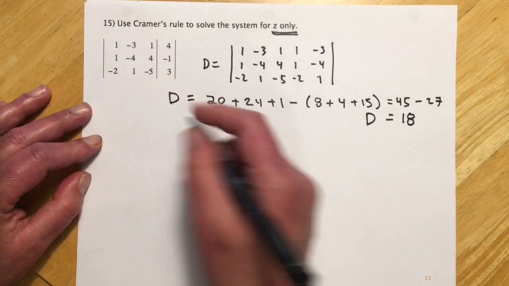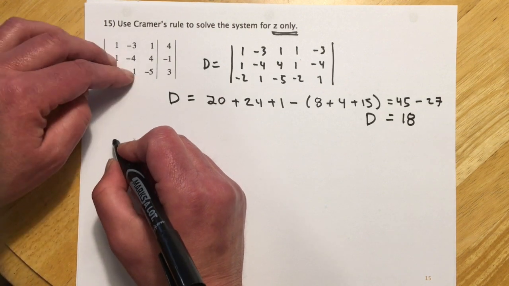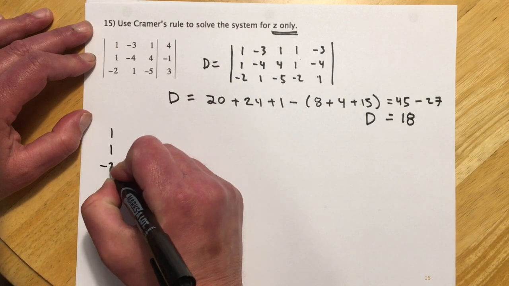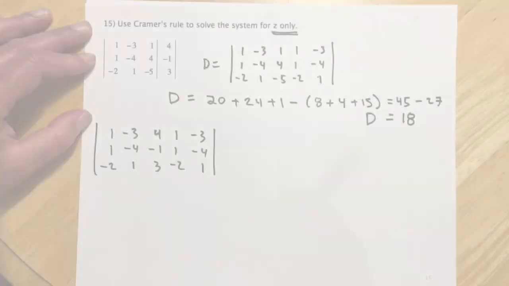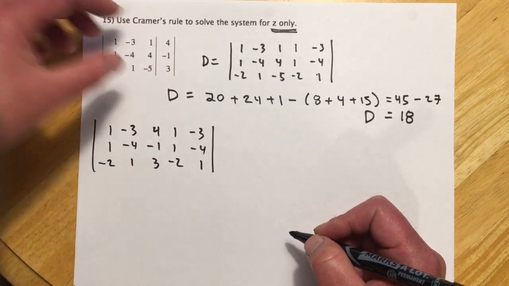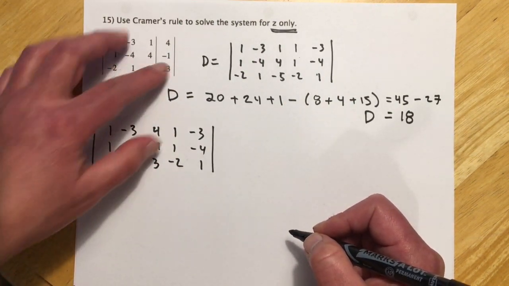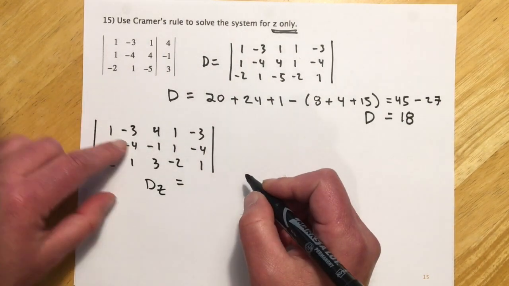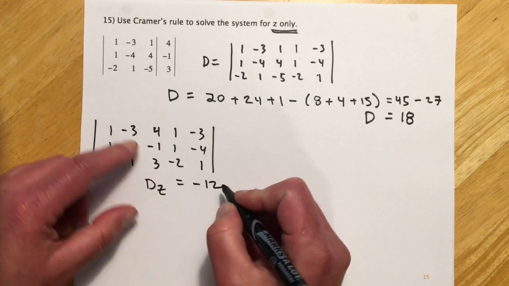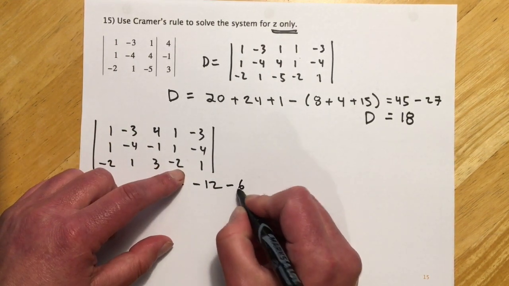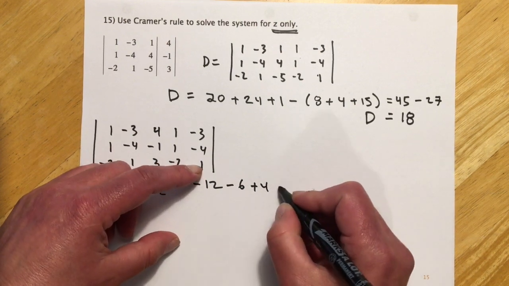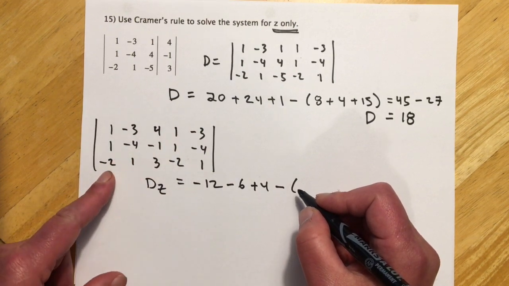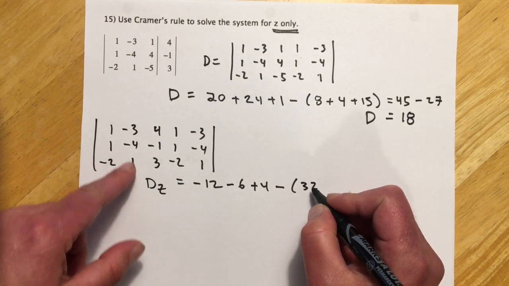I'll do the same thing with Dz, so the first two columns are the same, and then the equals column hops in for the z. So 1, 1, negative 2, negative 3. The only change is that this hops in for the z column, the equal side. And we'll do that same thing. So this is Dz. Multiplying down, I get negative 12. Then 3 negatives makes a negative 6. No negatives makes positive 4. I'll write minus in parentheses again. Going up, I get 8 times 4 would be 32. Positive, 2 negatives.